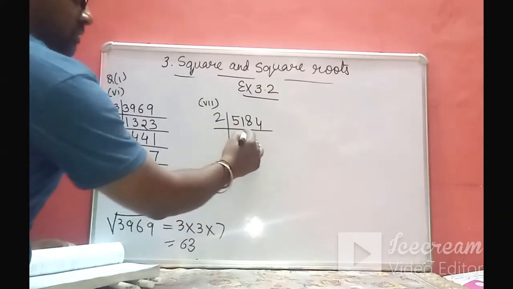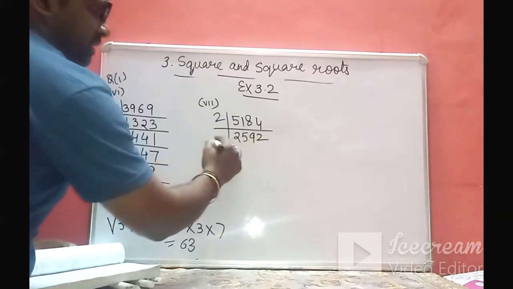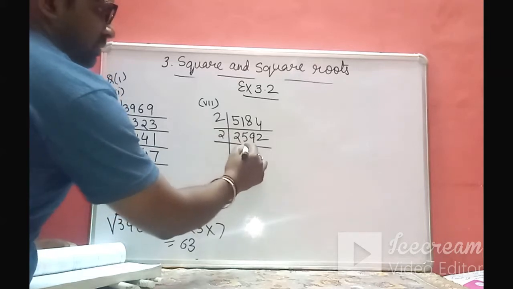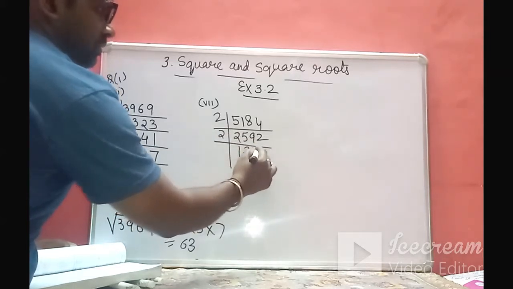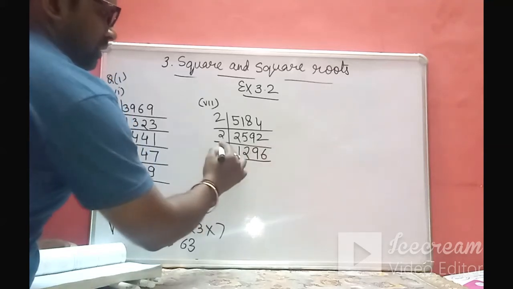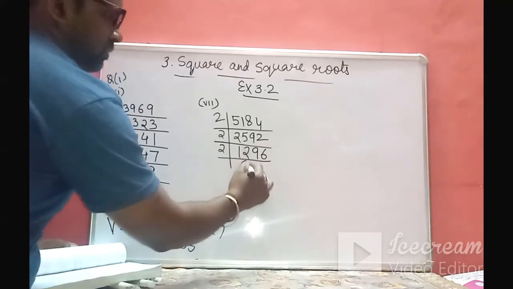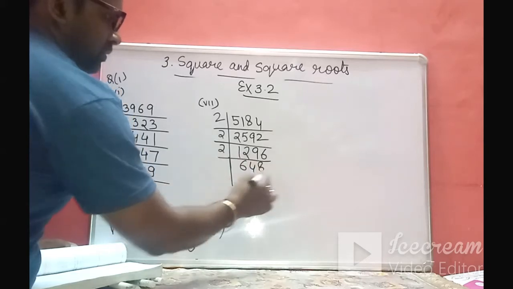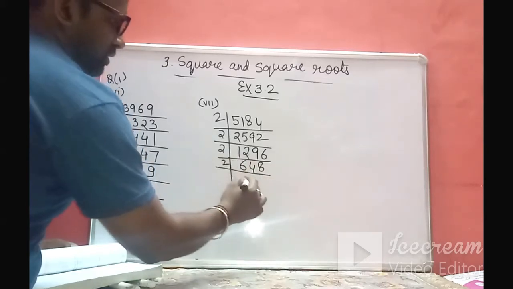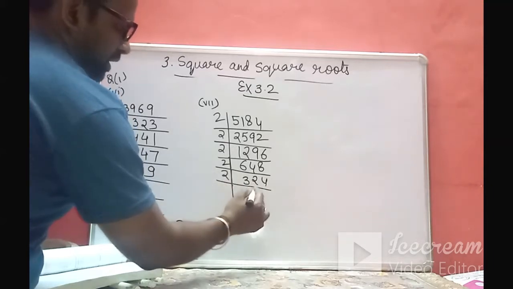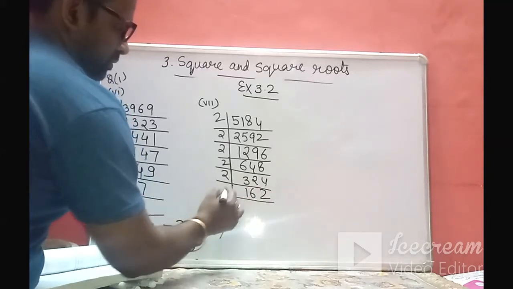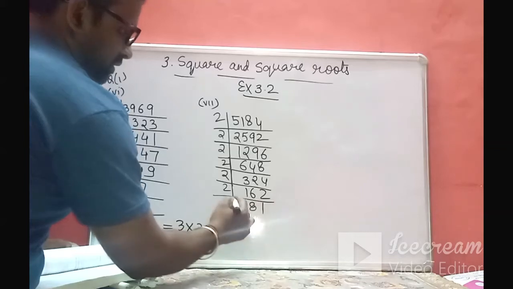So it is like this, then again by 2. Okay, then 324, again it is divisible by 2, then it comes to 81.